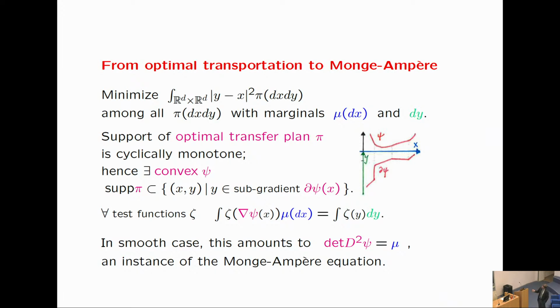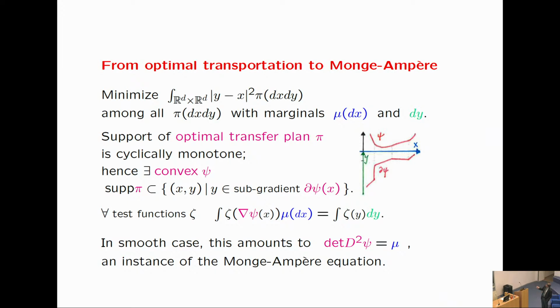Cyclical monotonicity can be rephrased by saying that the support of this measure on the product space is contained in the subgradient of a convex function, the Kantorovich potential, a solution of the dual problem. And then the fact that the marginals are right can be expressed in terms of this condition here, which tells you that the gradient of the convex function, which exists Lebesgue almost everywhere, if this has a Lebesgue density, that's fine, pushes forward the measure mu into the Lebesgue measure.